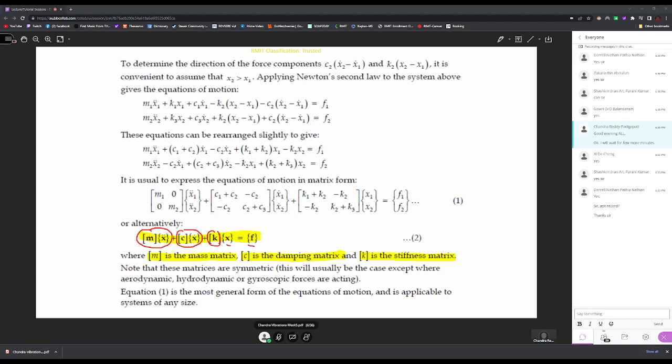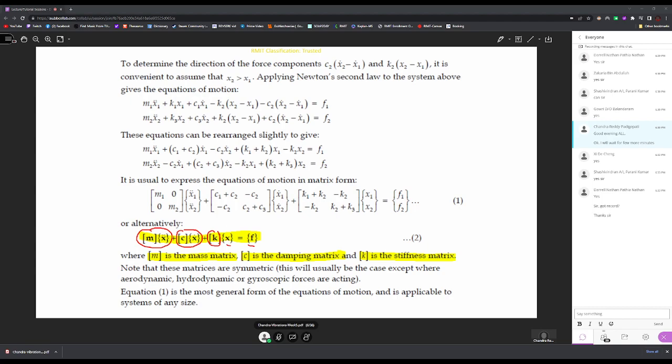What is the mass matrix? The mass matrix is m1, 0, 0, and m2. We have only a 2 degree of freedom system, so all these matrices are 2 by 2.